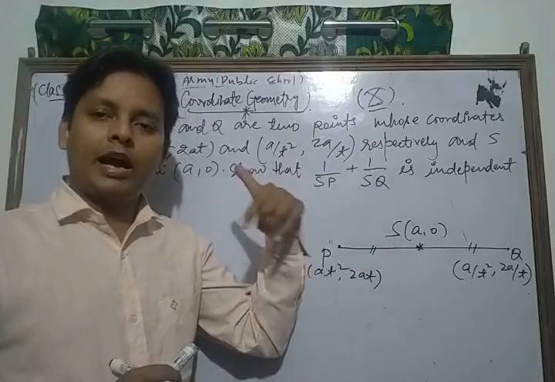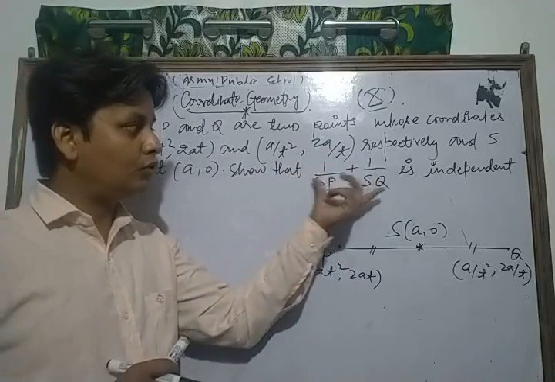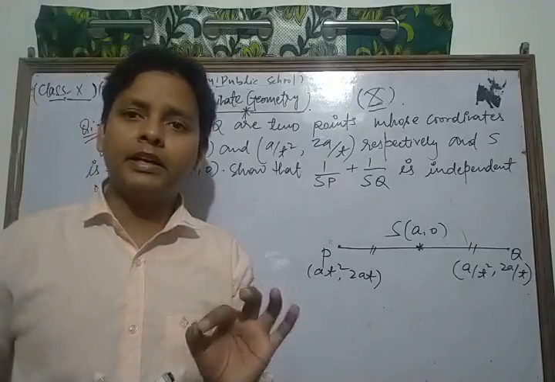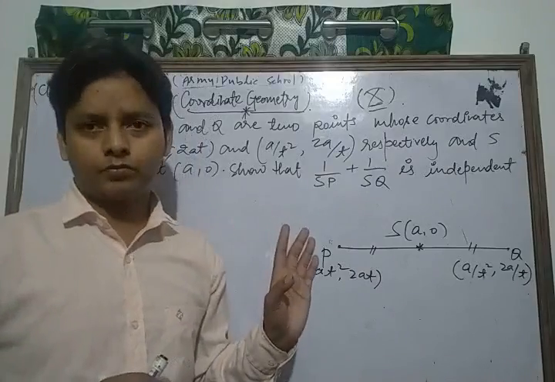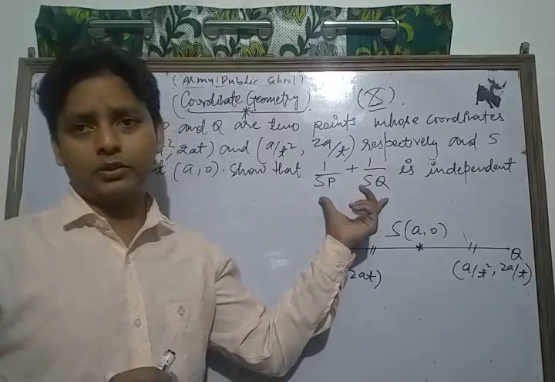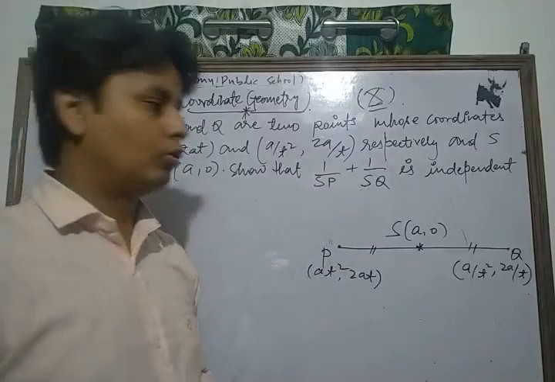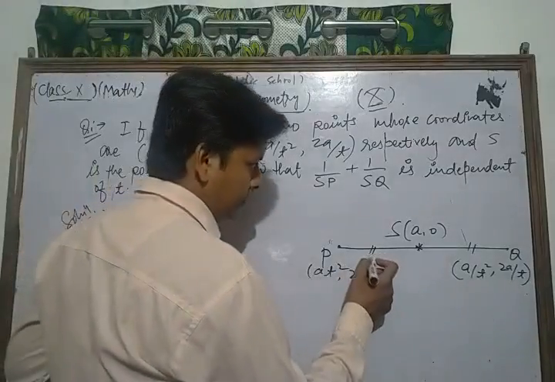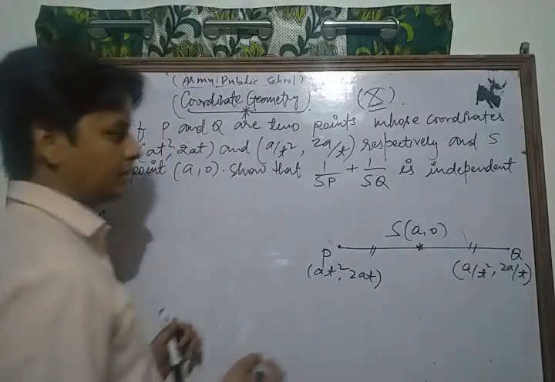If after simplification there is no variable t involved in the result, then we can say that the given expression is independent of t. So first we find the distance SP.